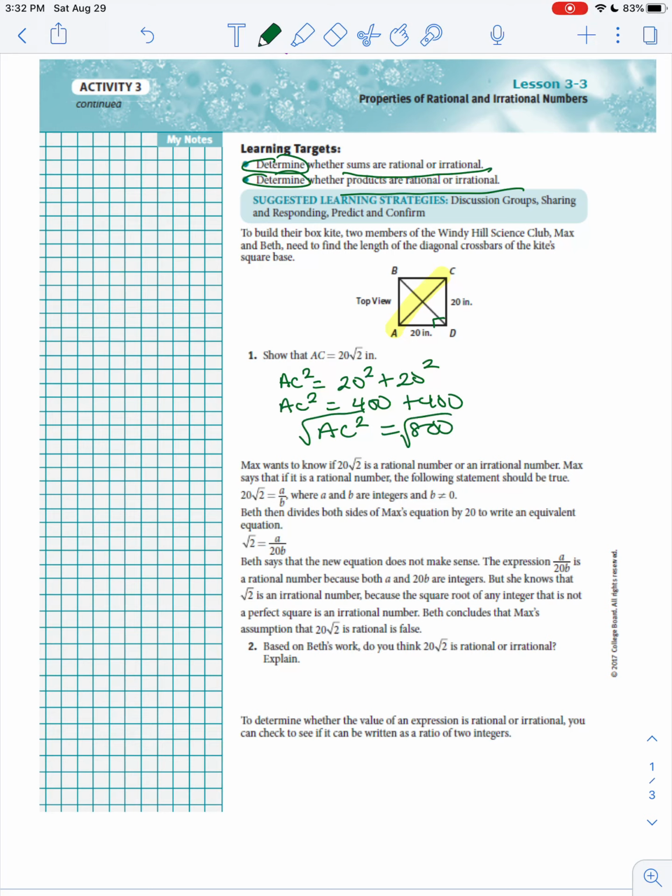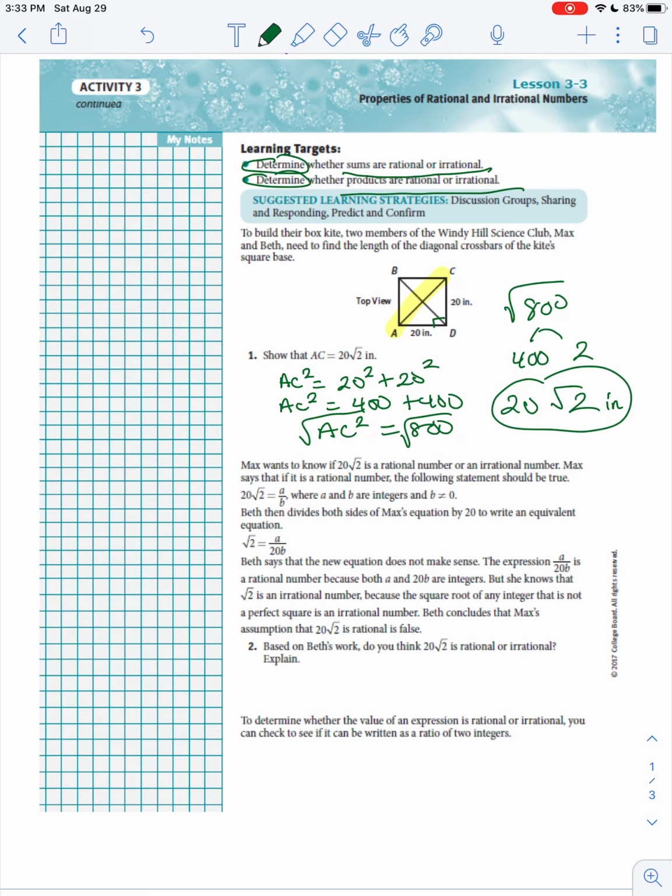When I take the square root of both sides to find the length of AC, I'm supposed to show that it's 20 root 2. That's easy because the root of 800 just came from 400 times 2, and the square root of 400 is 20, so 20 root 2. Using the Pythagorean theorem, we showed that the length of the crossbar was 20 root 2 inches. I'll put inches in there since it's a real problem.